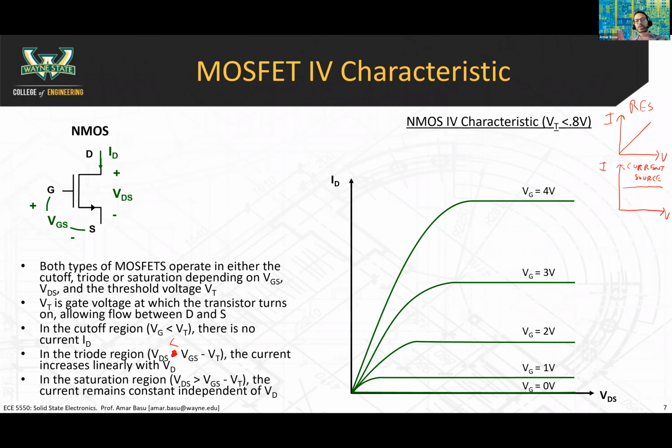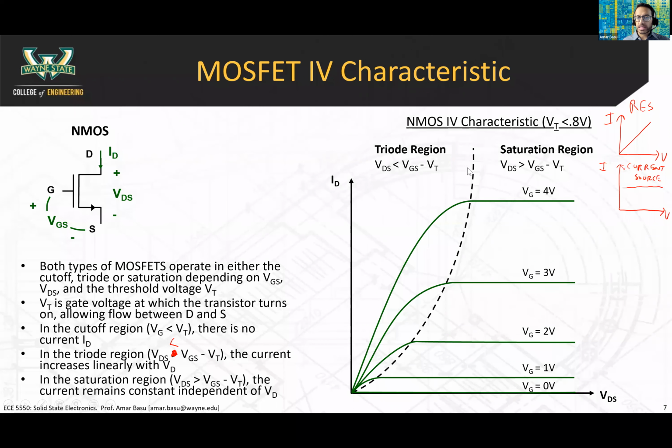This is how I'd like you to think about the MOSFET current-voltage characteristics and why it's useful to circuit designers. If we were to plot this parabolic curve here, it would tell us the transition between the triode region and the saturation region. We'll get to that later when we derive the relationships between the triode and saturation regions.